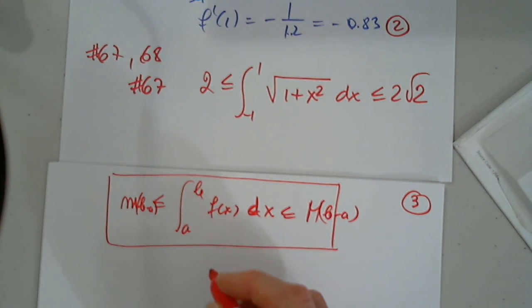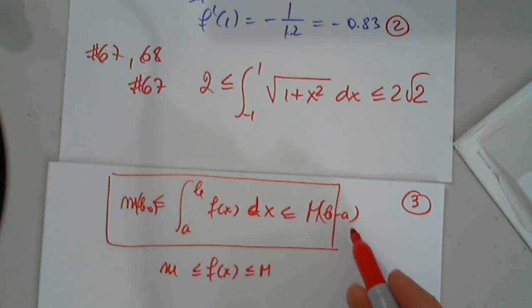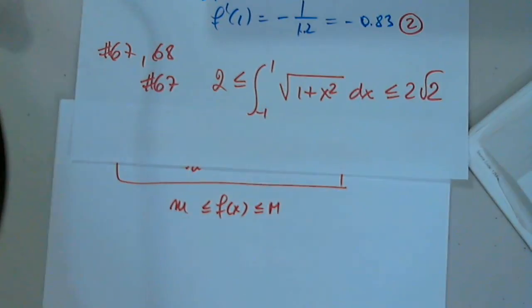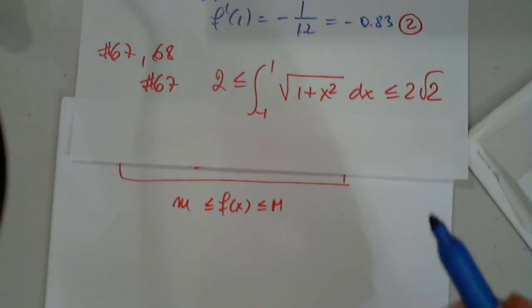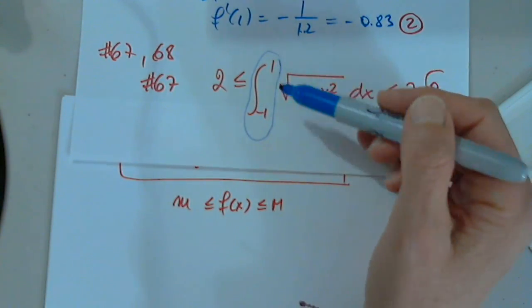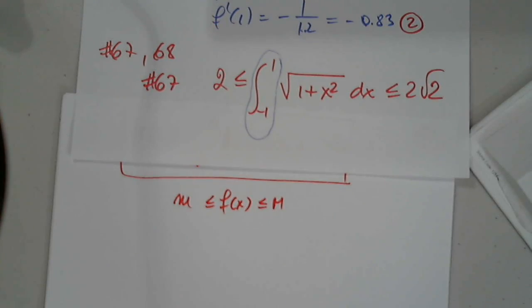But the starting point is to show that the function is between these two numbers. And then we can integrate to get that. So this is the property that we want to look at. So what is my starting point? My starting point has to be here. What does this say to me? Can anyone say? Identify what that tells us?